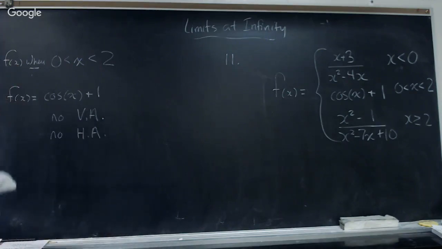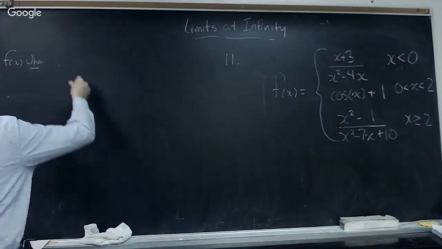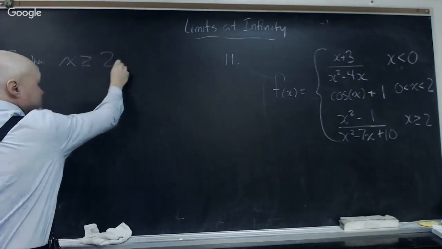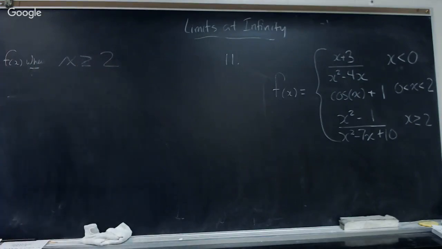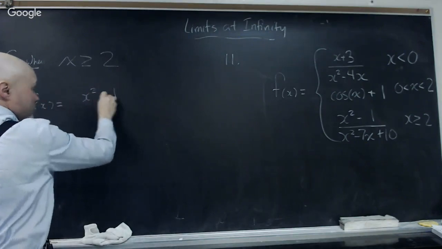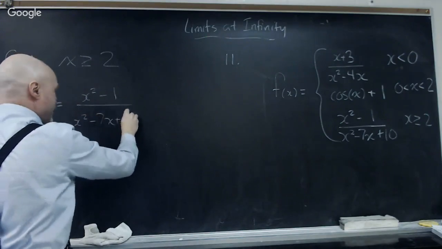Okay, let's go for the place where x is greater than 2. So we have a lot of stuff going on here. f of x is equal to x squared minus 1 over x squared minus 7x plus 10.